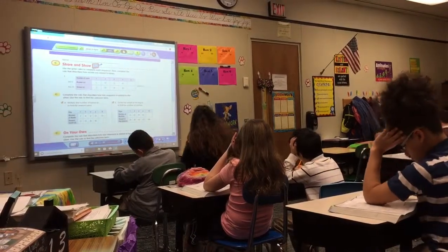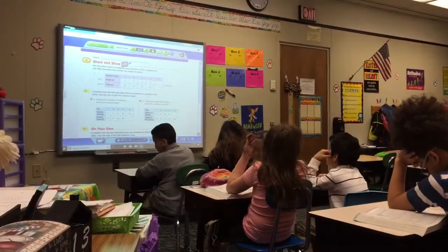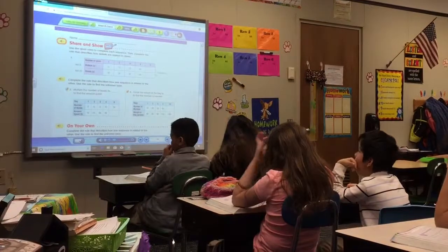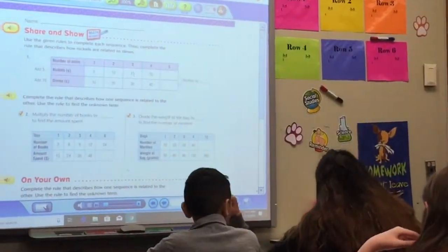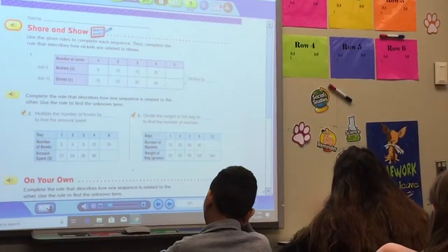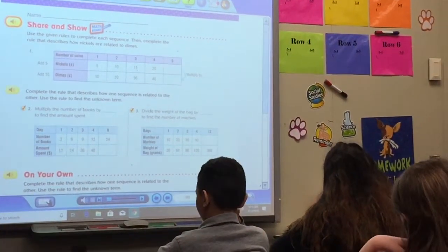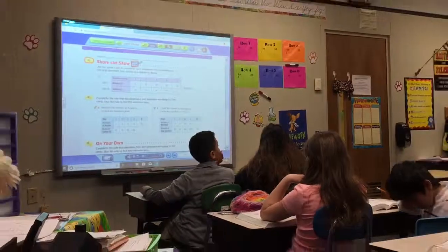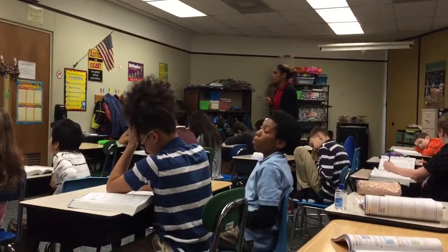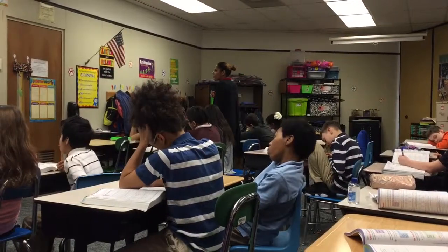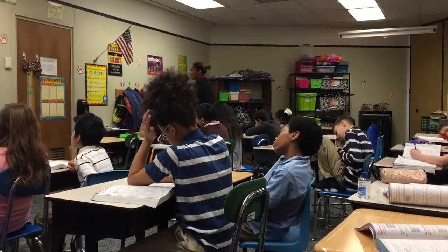Use the given rule to complete each sequence, then complete the rule that describes how nickels are related to dimes. Number of coins, 1, 2, 3, 4, and 5. So nickels, we are adding 5, and dimes, we are adding 10.